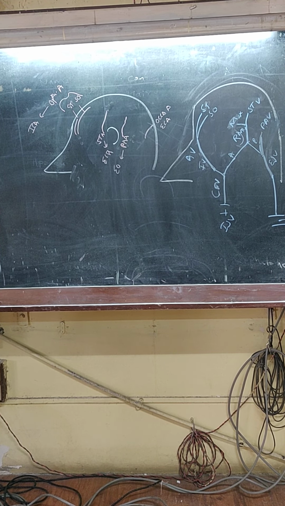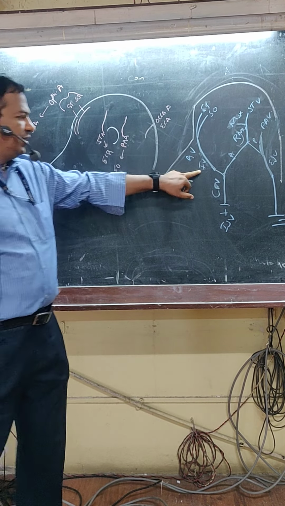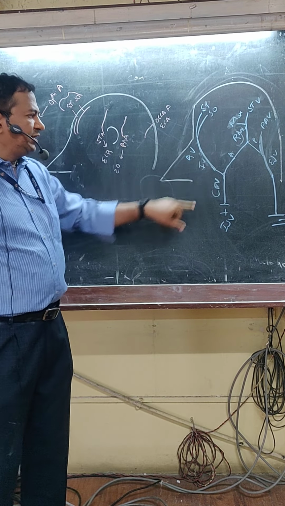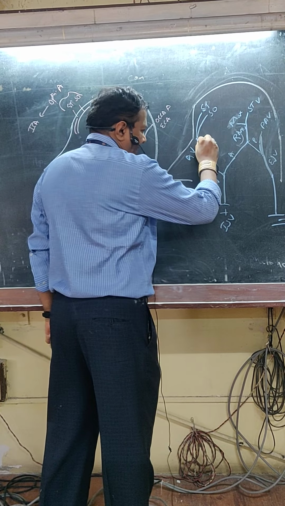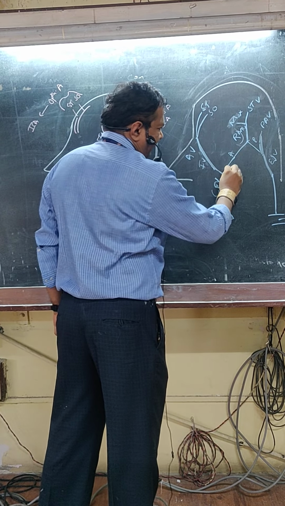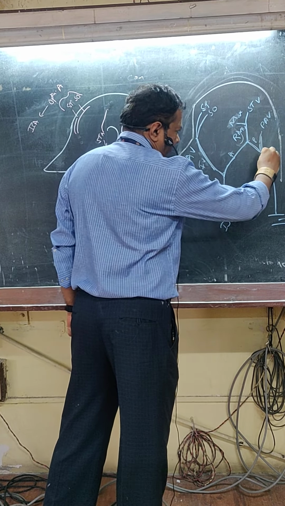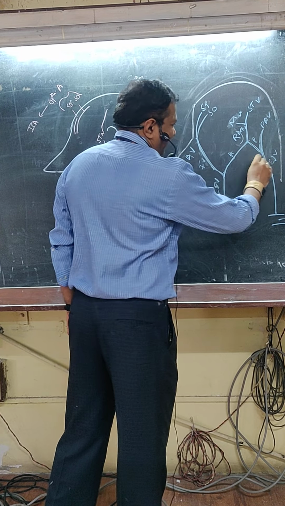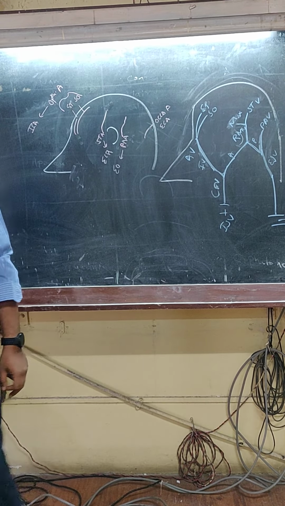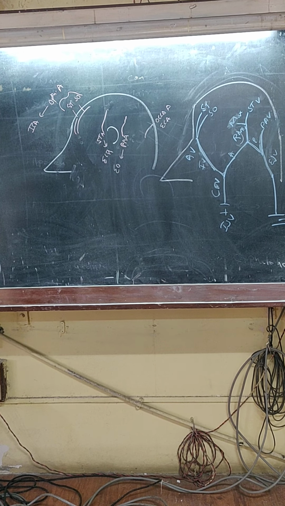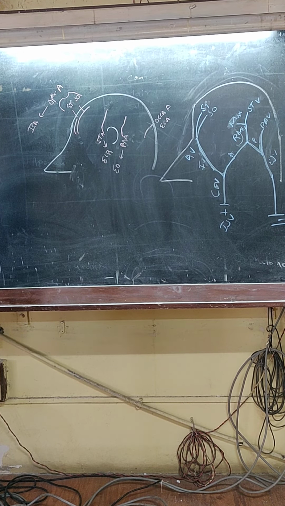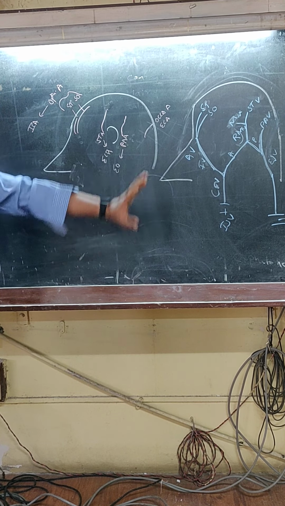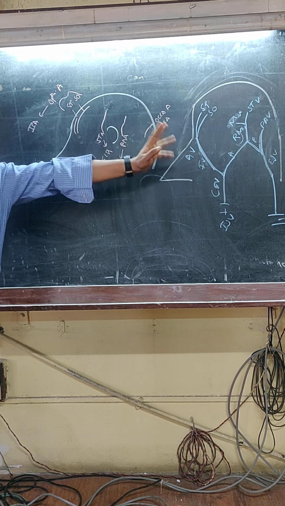Supraorbital and supratrochlear unite to form angular, angular continues as facial. So this is called a W pattern, like the W in the St. Sebastian Garden in Goa. It will take time.